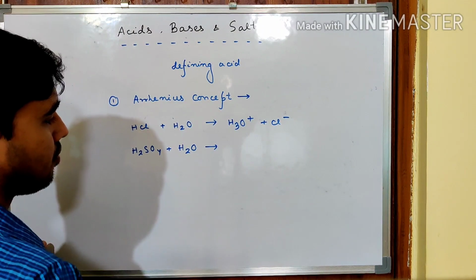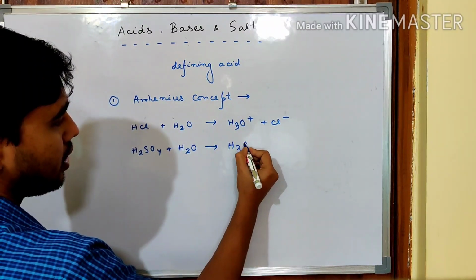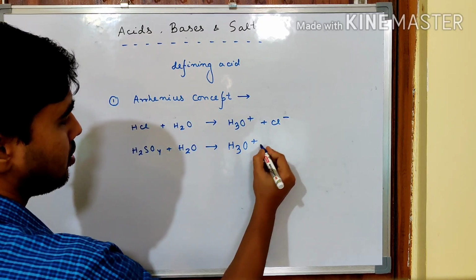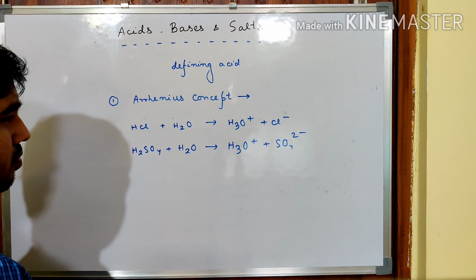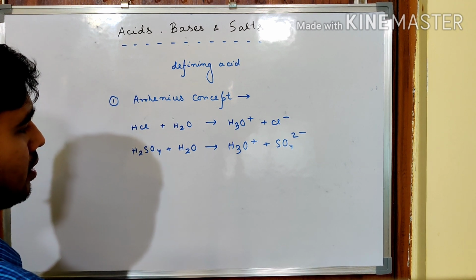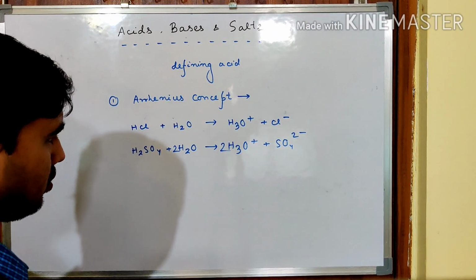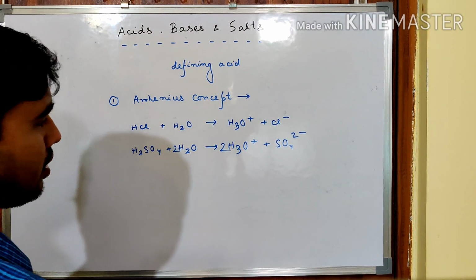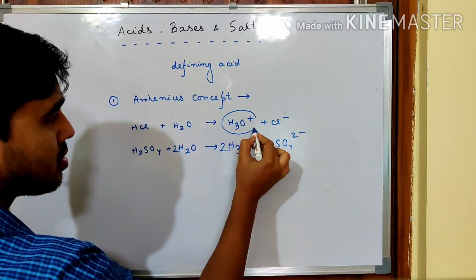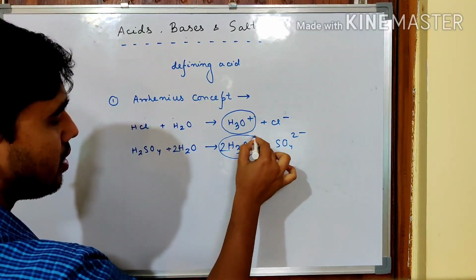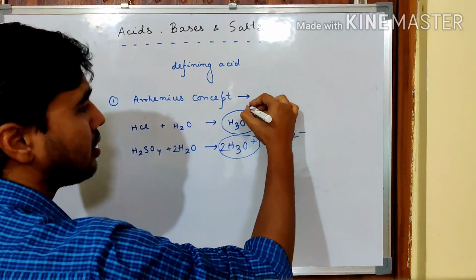Here also it will be dissociated into H3O plus and SO4 2 minus. Now the point is, here it might be 2 and here also it might be 2. That's a different thing. But the main thing is the generation of H3O plus ions. This is called the hydronium ion, as I have said.